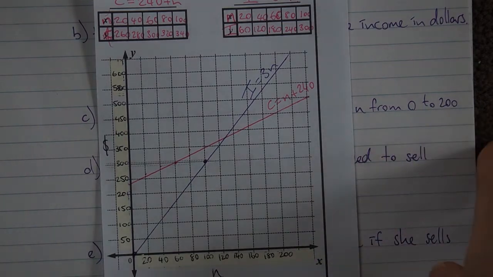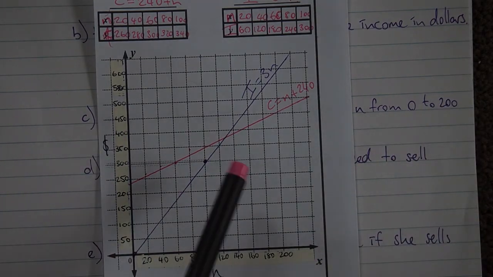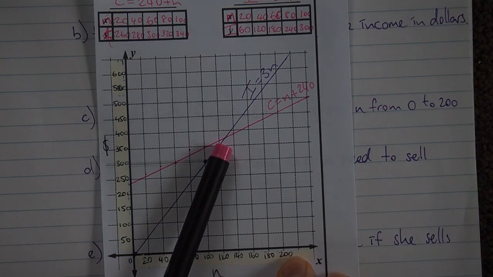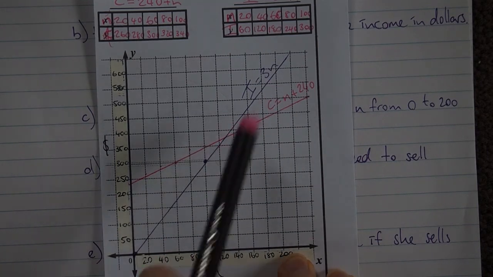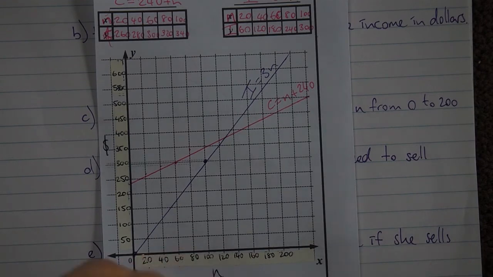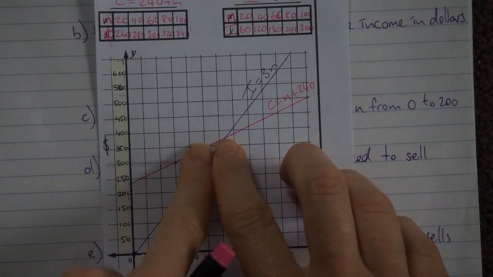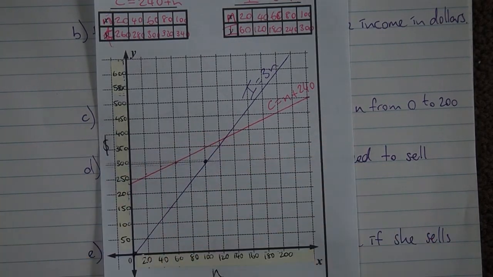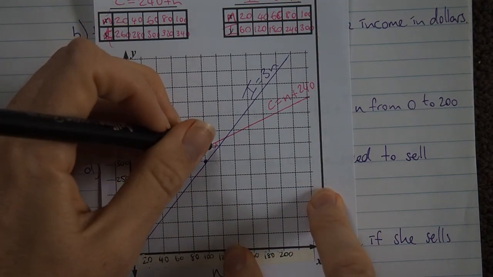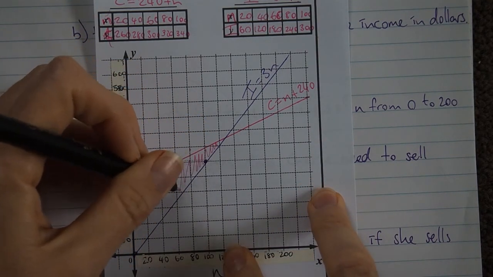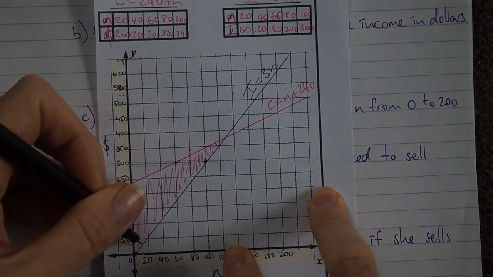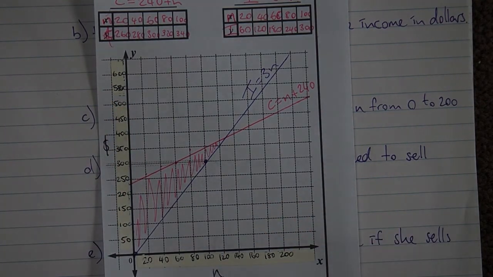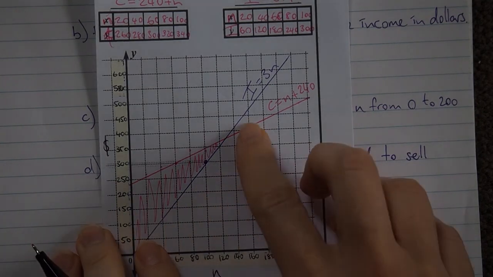So at this point where the graphs intersect is where Cherie actually starts to make money. It's where her costs are no longer greater than her income. So in this section, because her costs are greater than her income, the pink line is higher than the purple line, she is not making money.